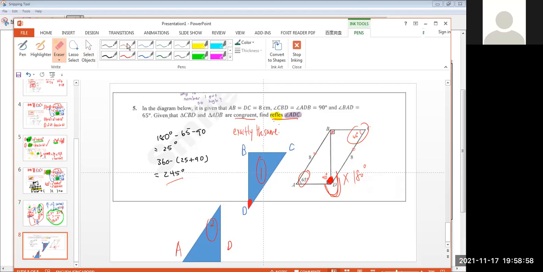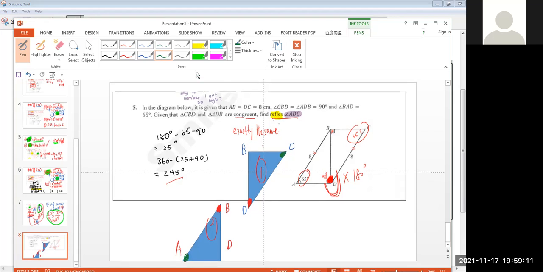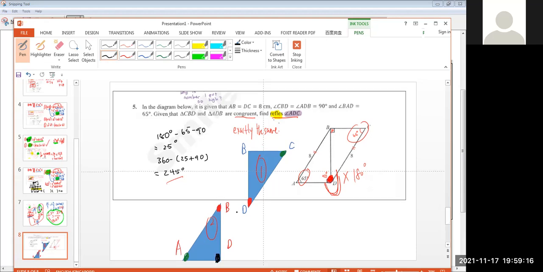This angle is the same as this angle, and this angle is the same as this angle, and this is 90. This angle is the same as this angle. And then all the sides are the same. This one is the same as this, and this slanted one is the same as this slanted one. Then the final one, which is here, is the same as this. That's called exactly the same.